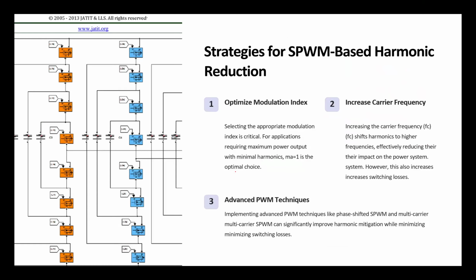Now, we already talked about that. We could manipulate the factors that are in this PWM or SPWM in order to reduce the harmonics. Another way to reduce the harmonics we already know is the multi-level inverter.